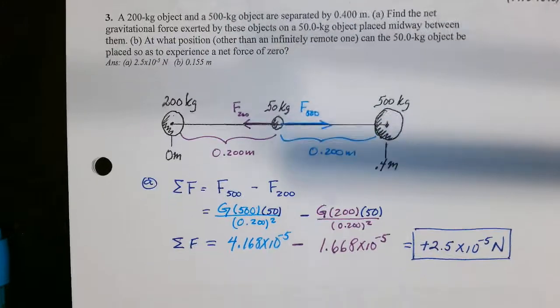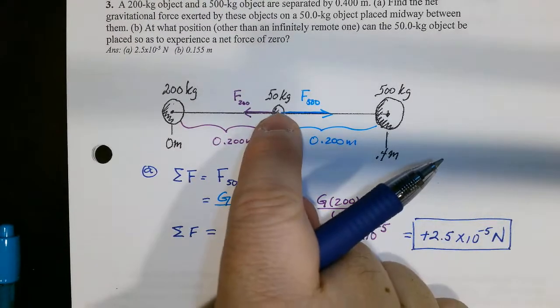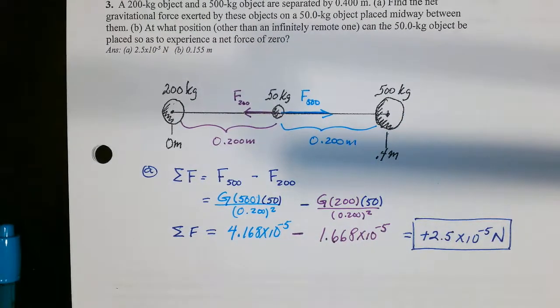What about part B? At what position, other than an infinitely remote one, would the net force be zero? If you put this infinitely far away, then you won't get too much force acting on either of them.